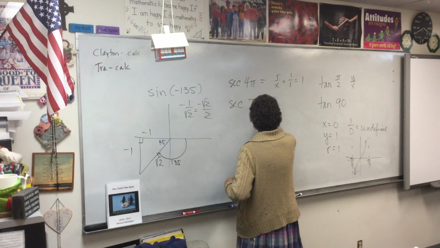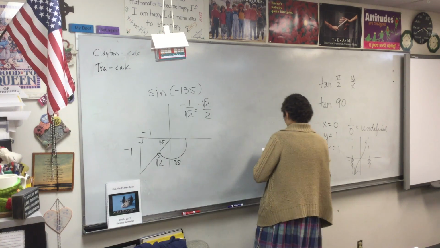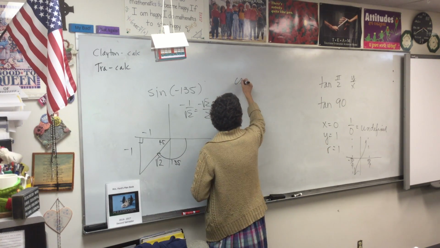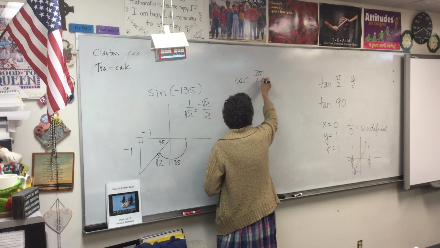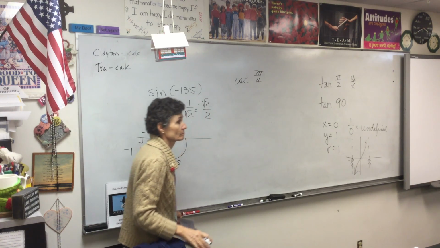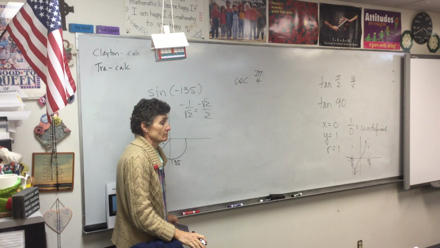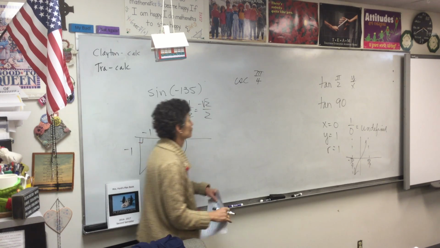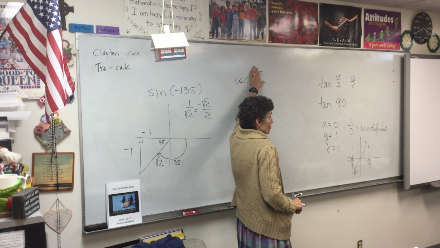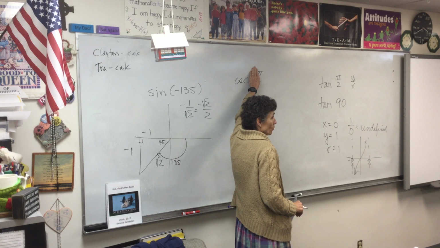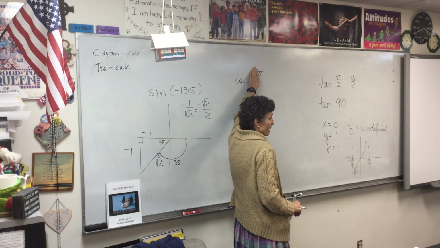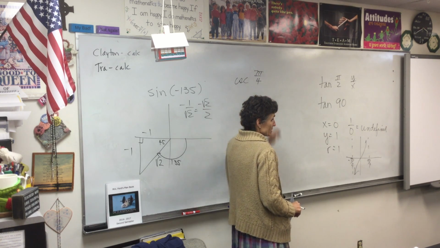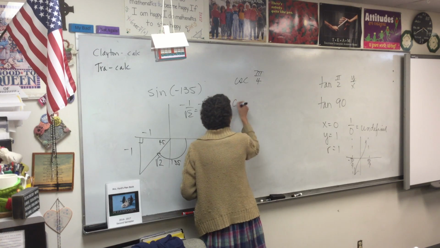Cosecant of 7 pi over 4. Hmm, 7 pi over 4. 180 divided by 4 is 45, times 7, 315.